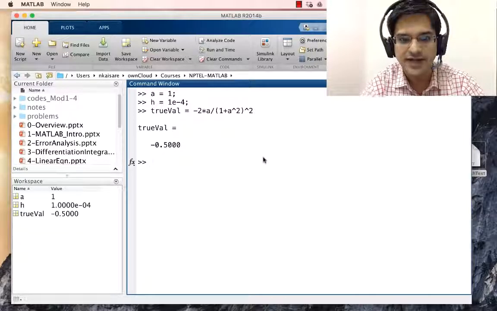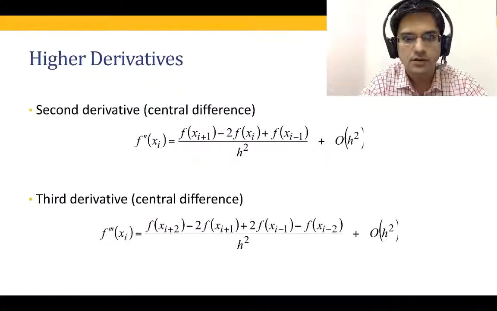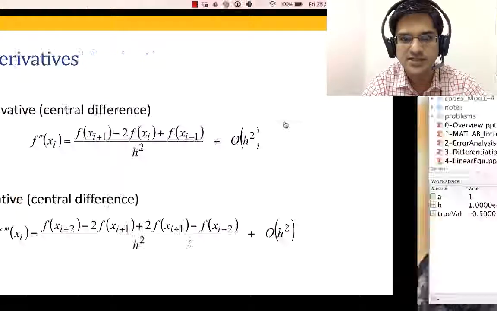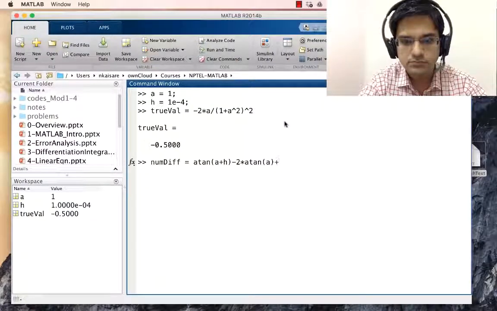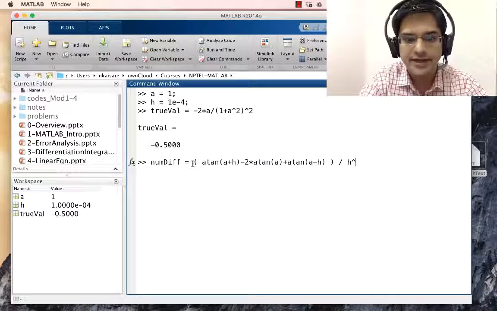f is nothing but a tan. So num diff equal to a tan of a plus h minus 2 times a tan of a plus a tan of a minus h. Let's put this all in brackets divided by h squared.